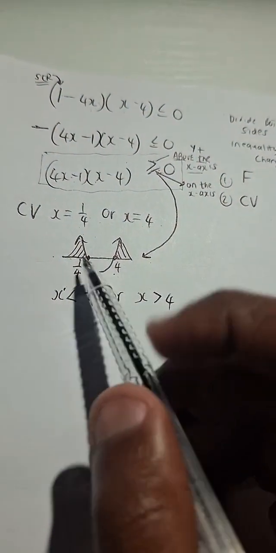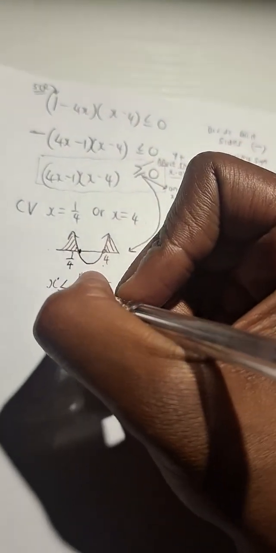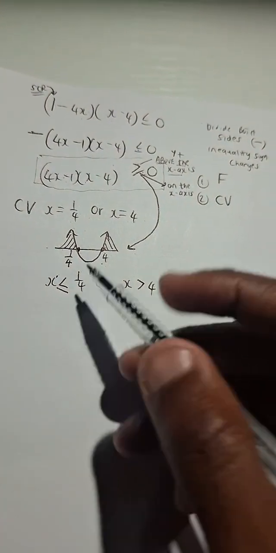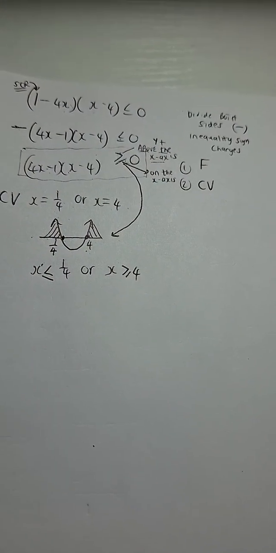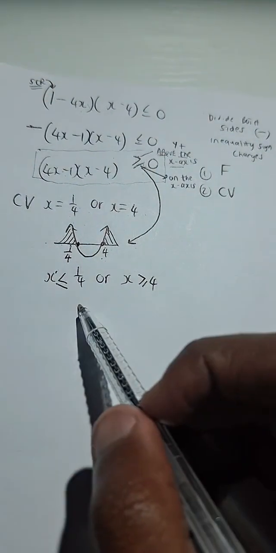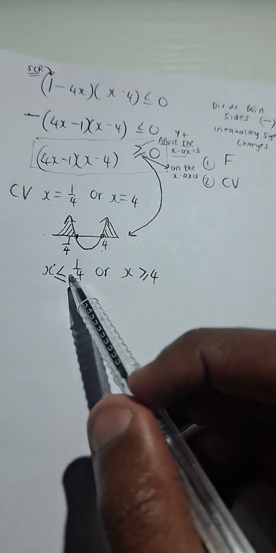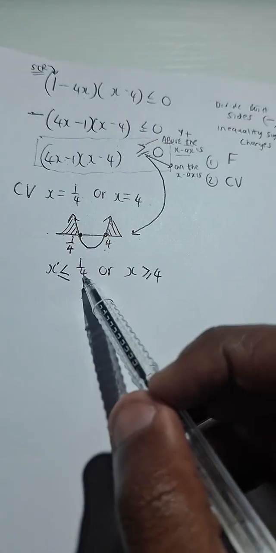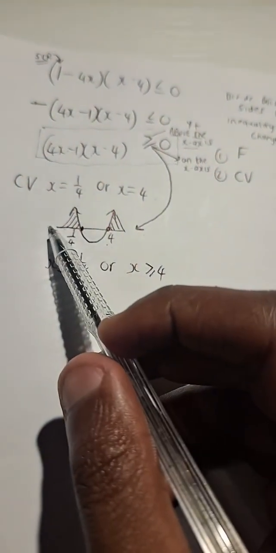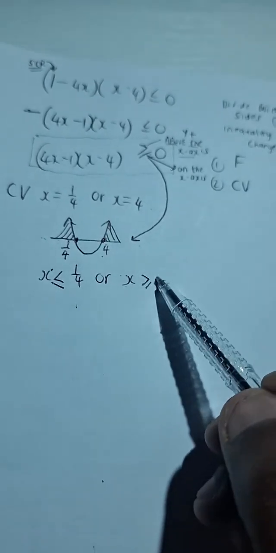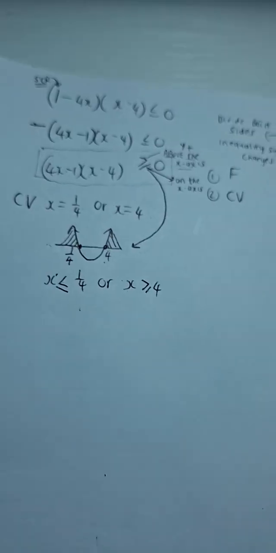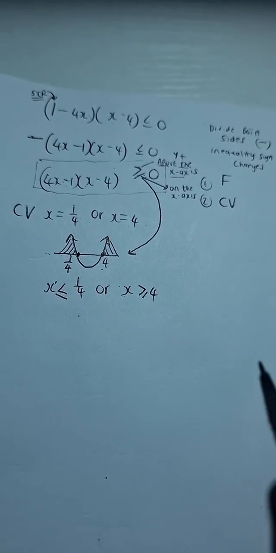It is on the x-axis where x is equal to 1 over 4. It is also on the x-axis where x is equal to 4. So that is why our answer is x is less than or equal to 1 over 4, this side, or x is greater than or equal to 4, that side. That is the full answer.